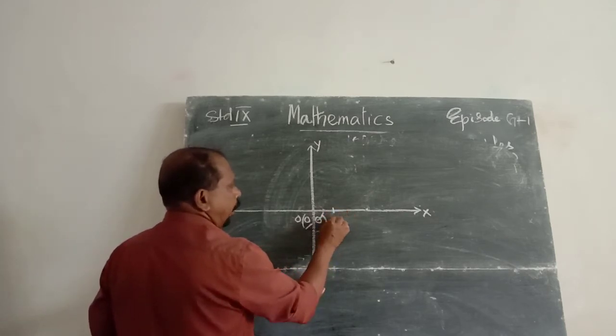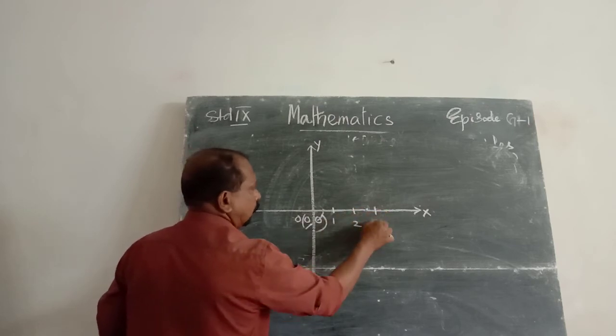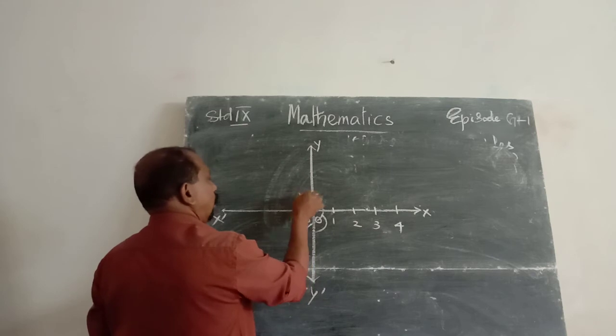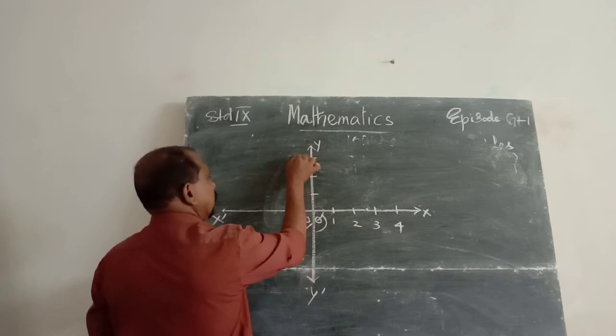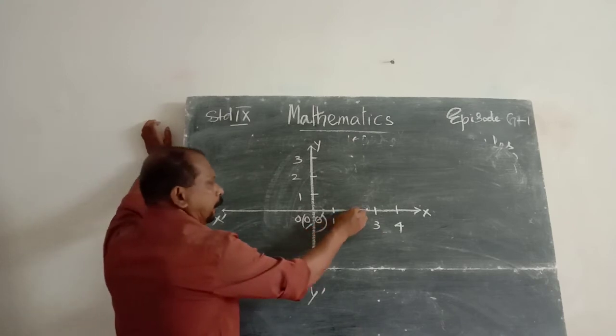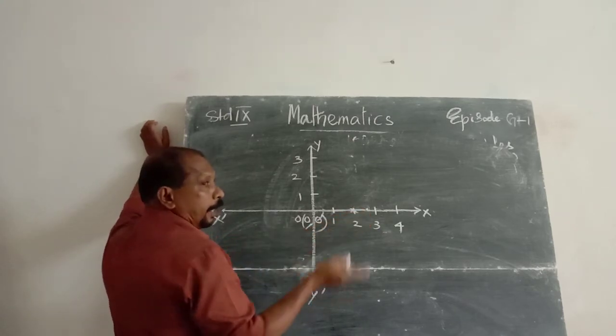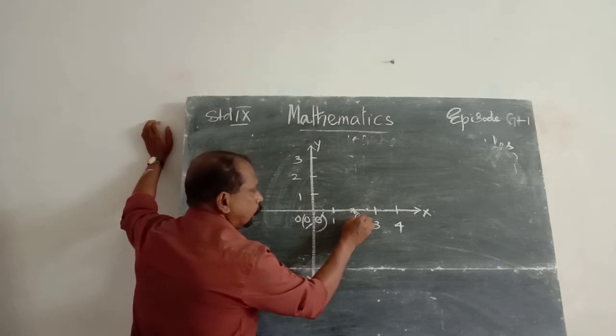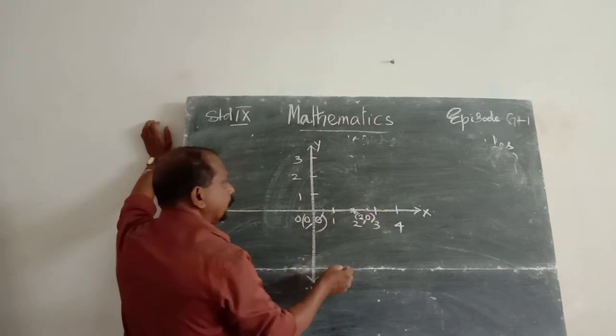This point is 1, 2, 3, 4, etc. This point is 1, 2, 3, etc. Then consider this point that is on x-axis. Therefore, it is 2, 0.